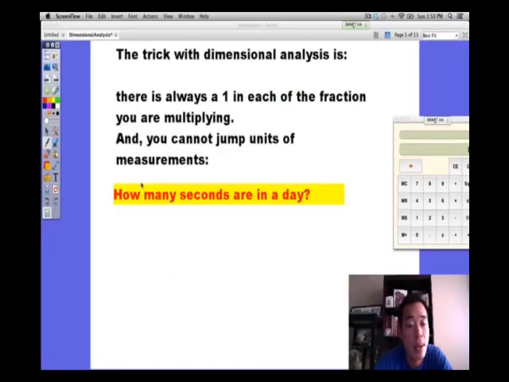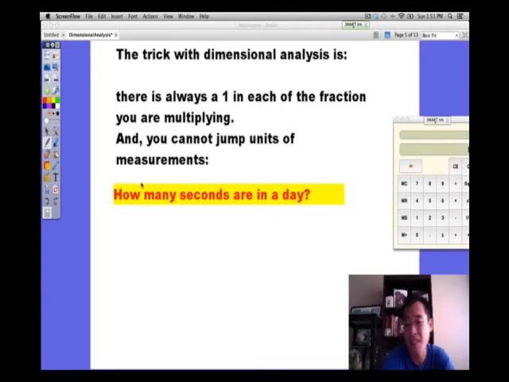So if you haven't seen the pattern already, there's always going to be a 1 in the fractions that you're multiplying in dimensional analysis. The reason is if you multiply the 1 mile to 5,280 feet, or the 1 minute has 60 seconds, you're going to be able to lay out all the different measurements so that you do not lose any of the measurements that you're going to need. Next, you cannot jump units of measurement.